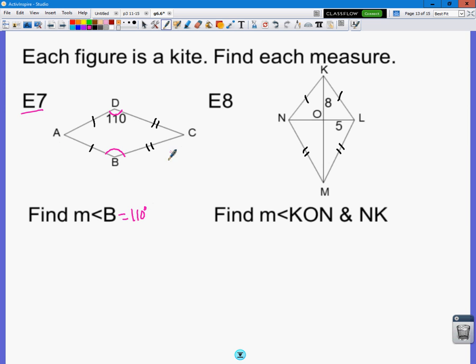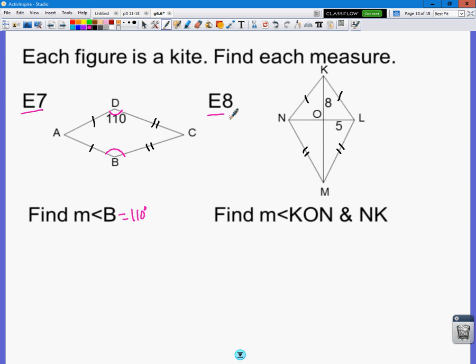Could I find angle A and C? Yes or no? No. I don't know anything about them. I do know that they would add up to a certain value because there's 360 degrees in a quadrilateral, but I know they're not equal, so I don't have enough information to find A or C.